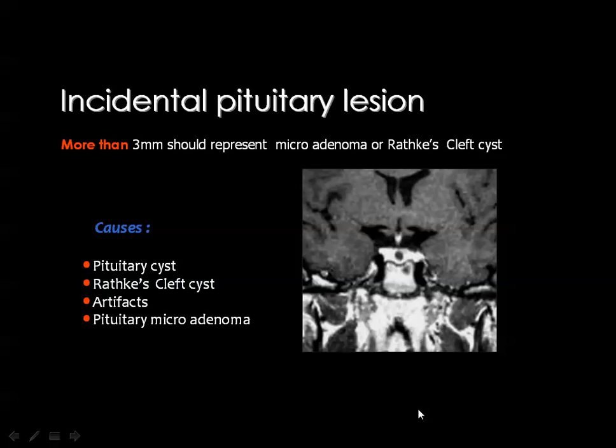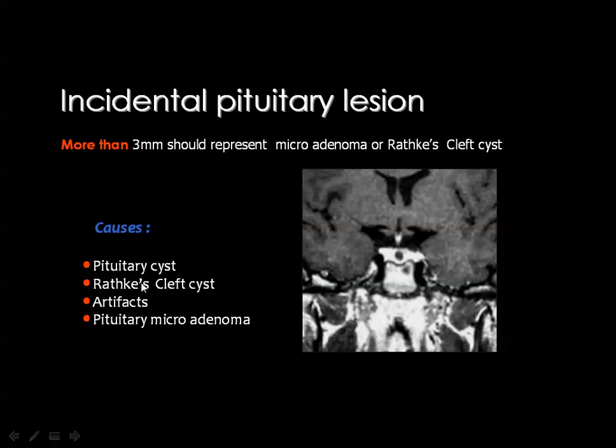Then sometimes you are confronted by a small lesion within the pituitary gland, and this lesion is usually not enhancing. And here is an example. Then you see this very small, well-defined lesion which is located within the enhancing pituitary gland. The main differential points are pituitary cyst, pituitary microadenoma, and Rathke's cleft cyst.